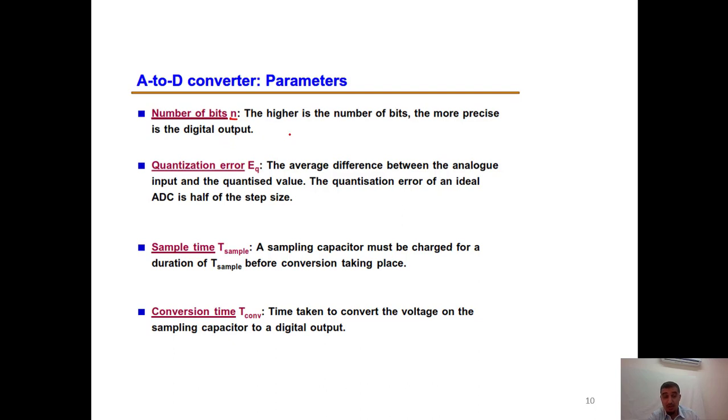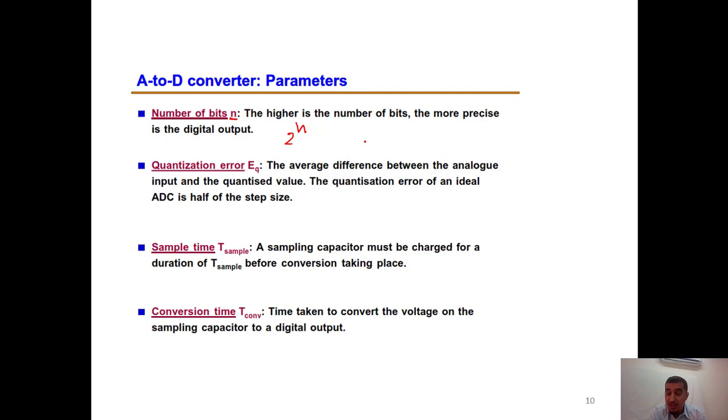So I told you earlier, it's 2 to the power n here. If n is equal to 2, we will have 4, n is equal to 4, we will have 16, n is equal to 10, we will have 1024 different levels. Quantization error is the average difference between the analog input and the quantized value.